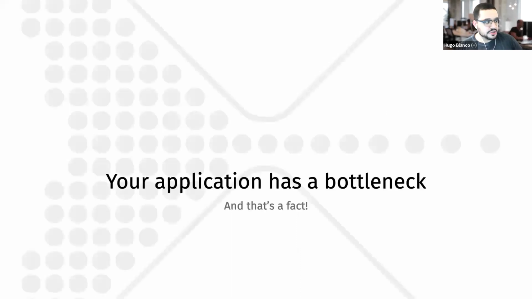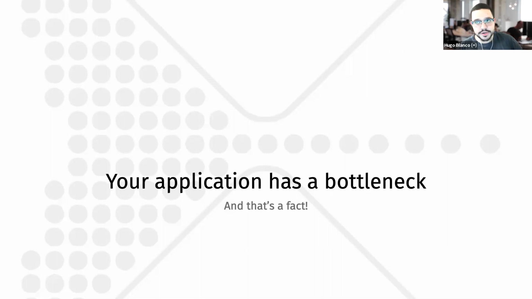And that leads me to say that your application has a bottleneck, and that's a fact. I think I can define bottleneck as a situation that stops a process or an activity from progressing. You will discover that your application has some flaws sooner or later.